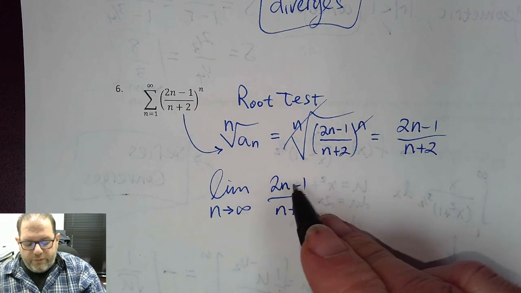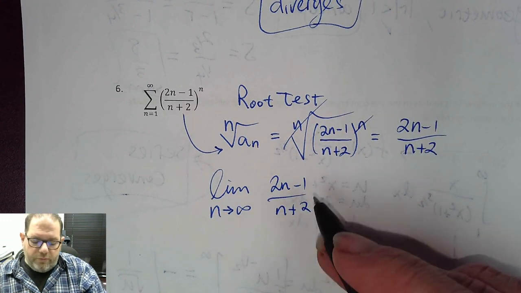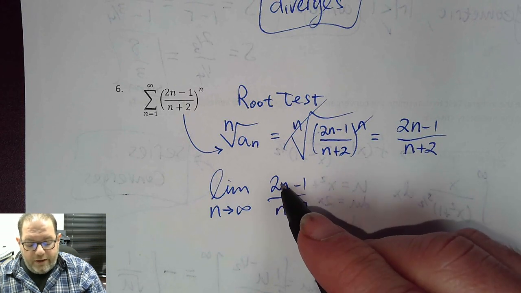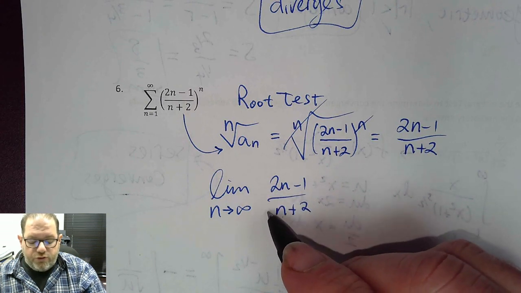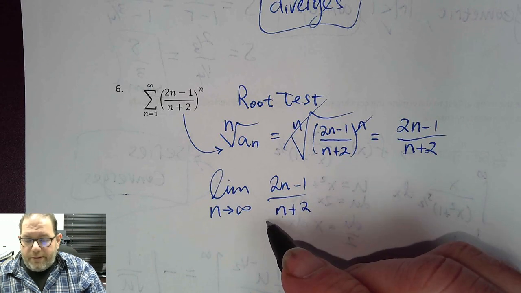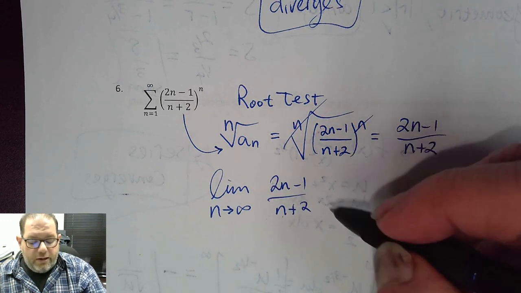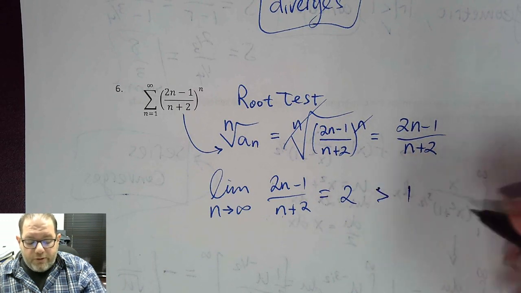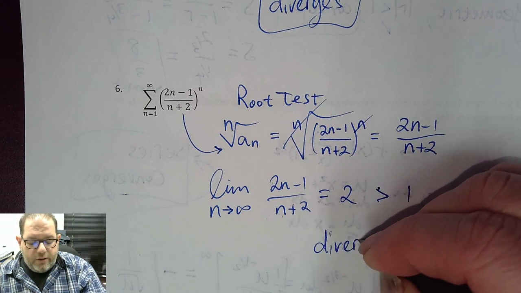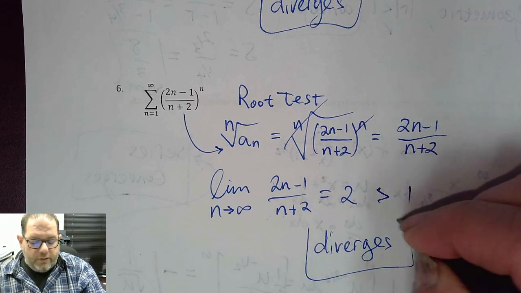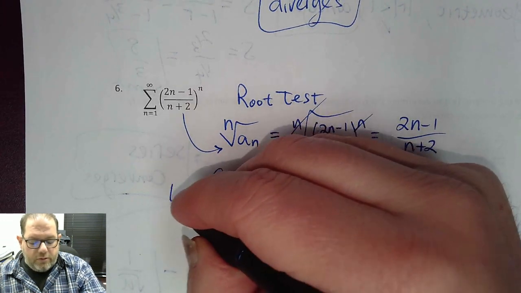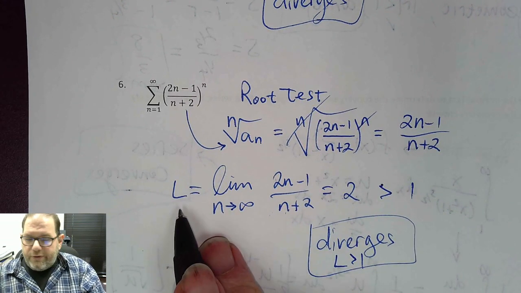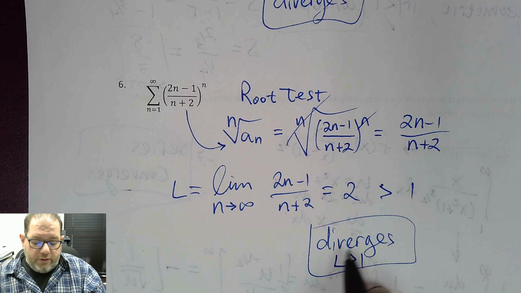So we know this is infinity over infinity, but L'Hopital's rule, we could apply that if we want to, or we can just use the fact that we have the same exponent on top and bottom, so the ratio of the coefficients is the limit. So that's going to be 2 over 1, which is 2, and that's bigger than 1, so it diverges by the root test. Remember we call this L, and because L is bigger than 1, we know it diverges.